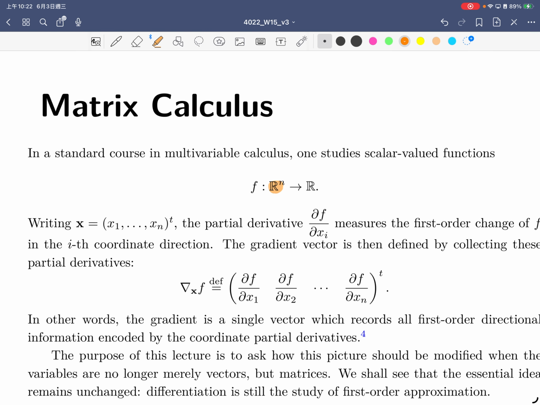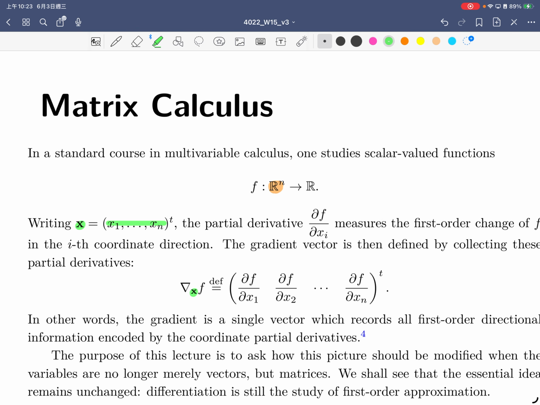Then the next thing you learn in Calculus 3 is to put all these partial derivatives together and form the so-called gradient vector. I'm using a more mathematical notation for the gradient vector, that is the upside down triangle f, and then I put the variables, in this case x1 to xn, in a column here.